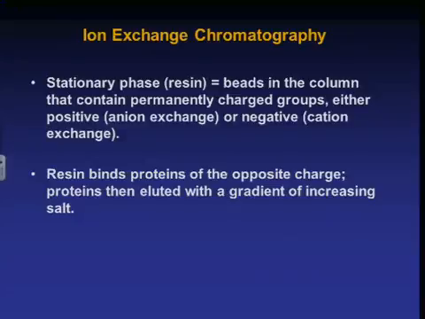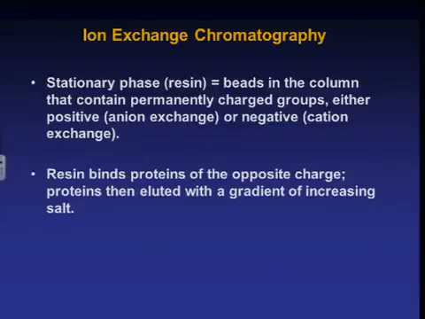Is that clear? So then, when you do this gradient, proteins that bound but have a kind of a low amount of negative charge, they're going to start coming off the column early, let's say at 125 millimolar salt. Then as we raise the salt in a linear fashion in a gradient, proteins that have had slightly greater amount of negative charge, then they come off. And the ones that come off last are going to be those that had what?